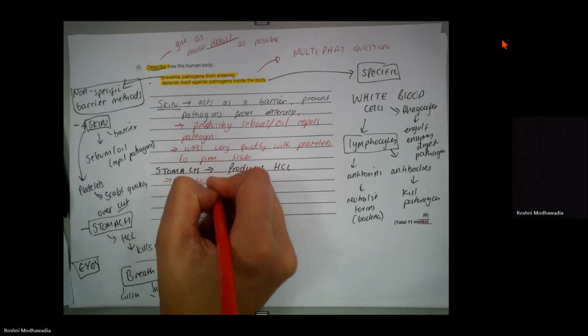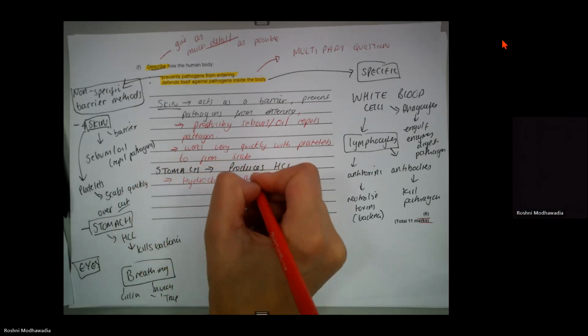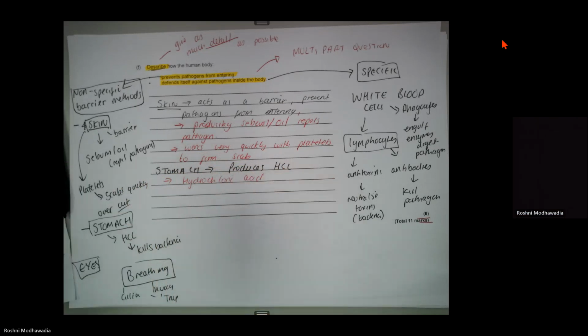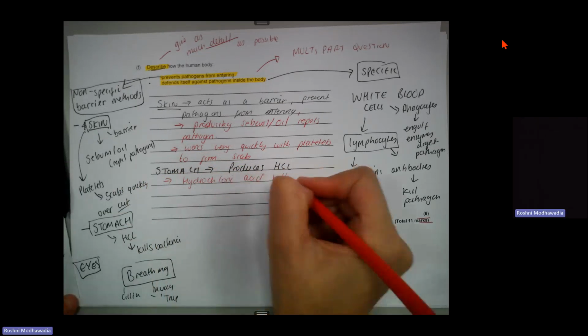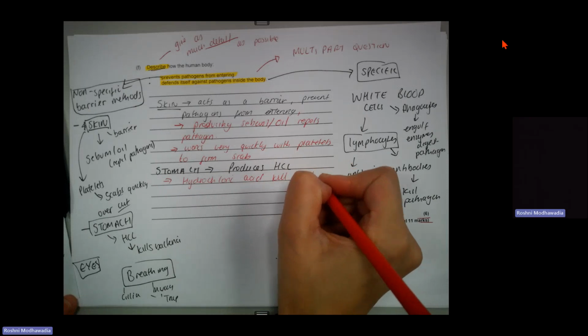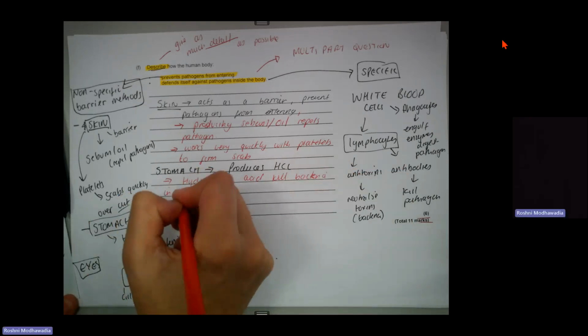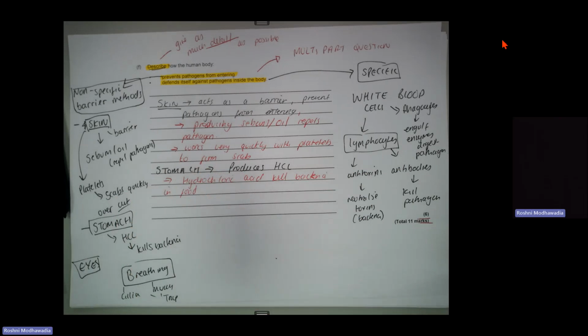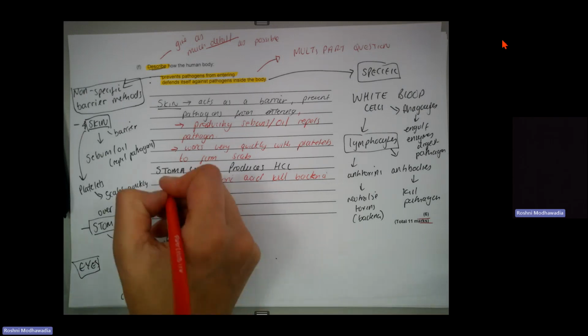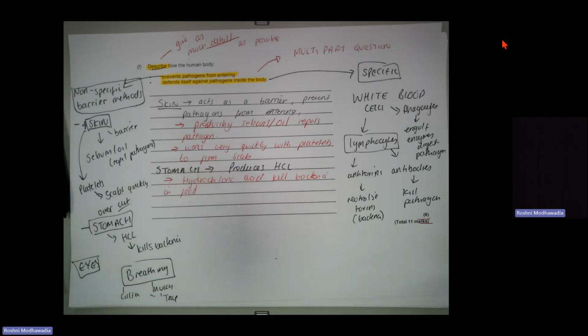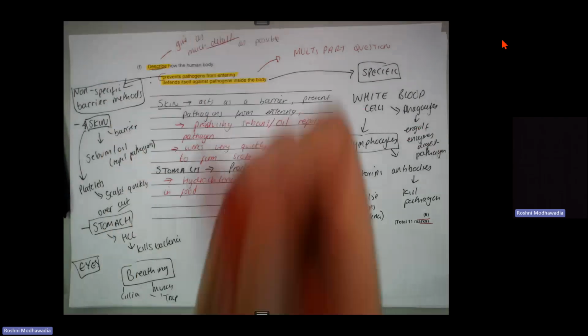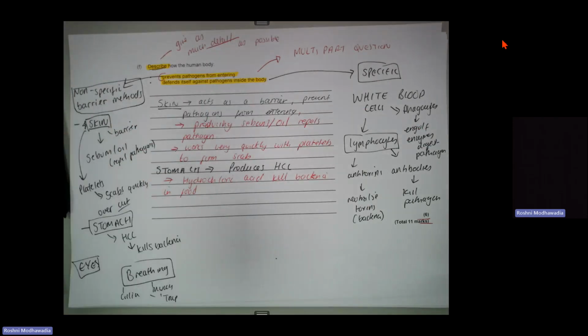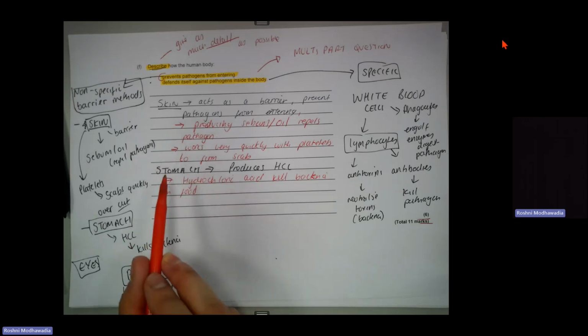This hydrochloric acid is able to kill the bacteria in our food, and therefore stops it passing into the small intestine and being passed over into our bloodstream where it can cause more damage. So the hydrochloric acid will kill the bacteria in our food. That's all about the prevent stage, the non-specific barrier methods. There are other methods that you might have wanted to talk about, but I'm just going to talk about this.